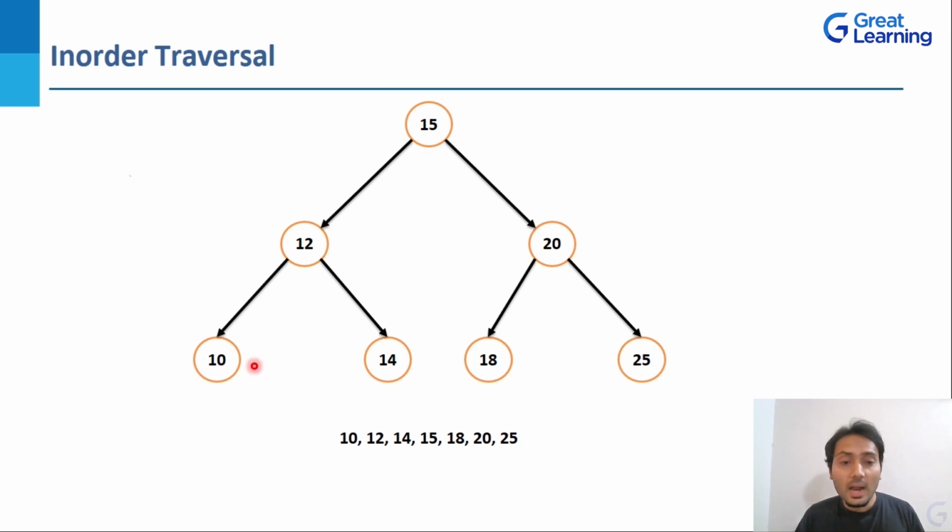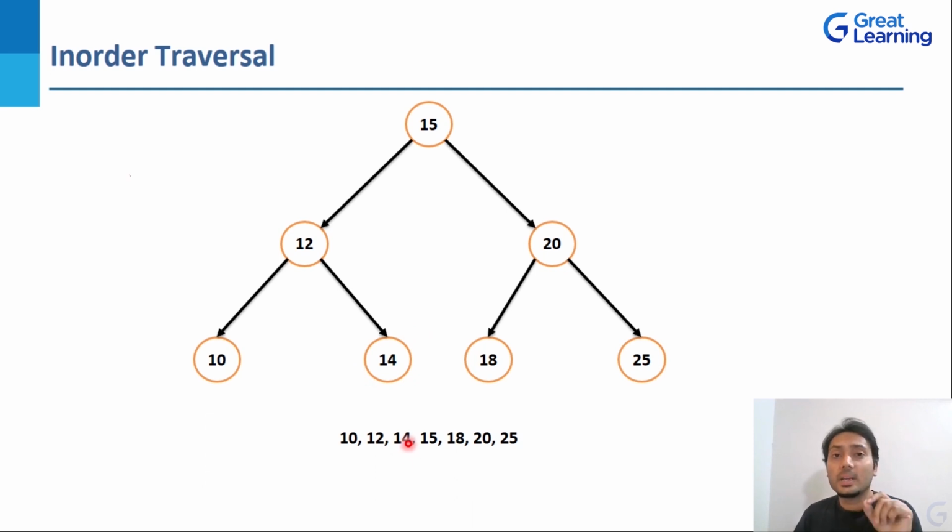So we are going to start our traversal from this node 10. I'll make a note of this 10 and then move on to the parent node 12, and again make a note of 12. Then finally I'll traverse to the right child of the parent node 12, which is 14.